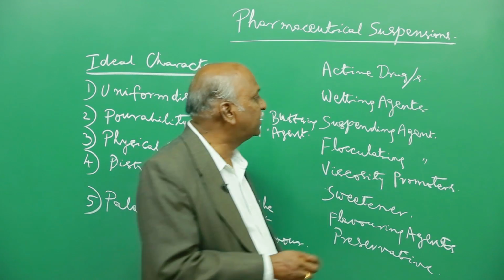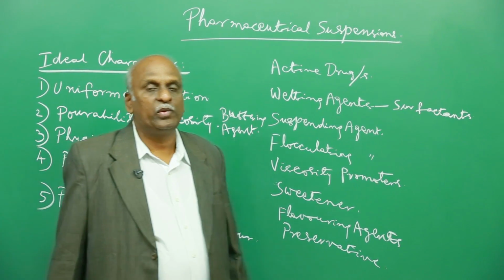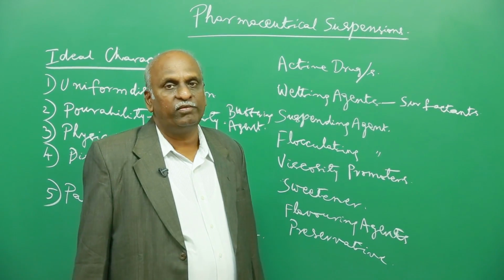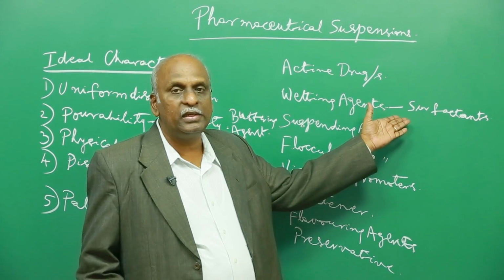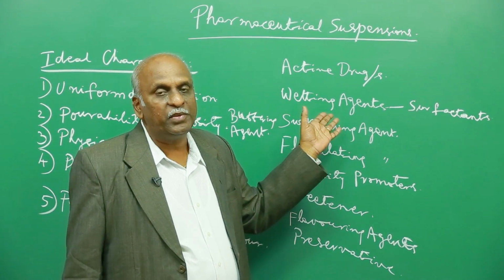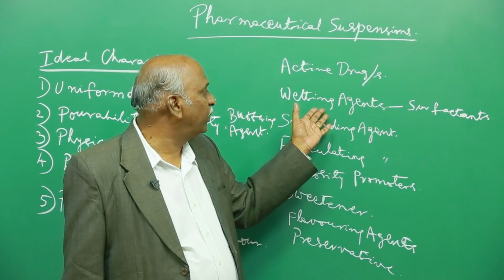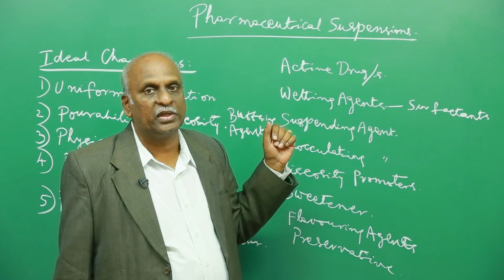Wetting agents, the examples can be surfactants, say for example Tween 80 or sodium lauryl sulfate or any other surface active ingredients can be used for wetting purposes. Even sometimes hydrophilic colloids also can be used as wetting agents in the preparation of a pharmaceutical suspension.